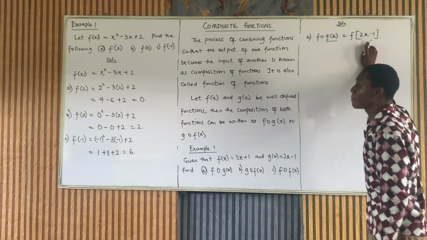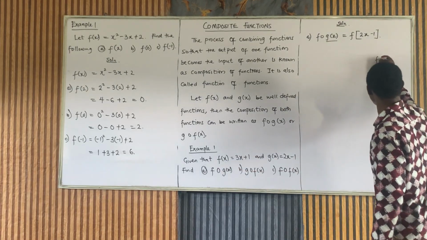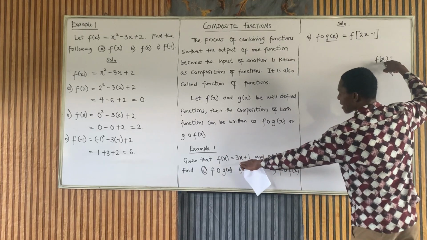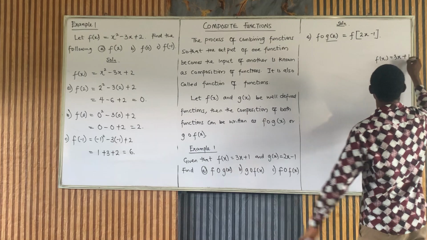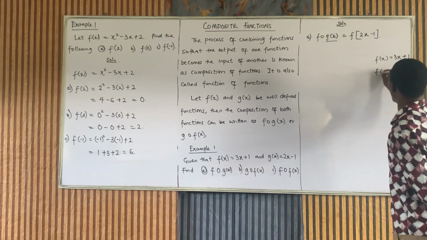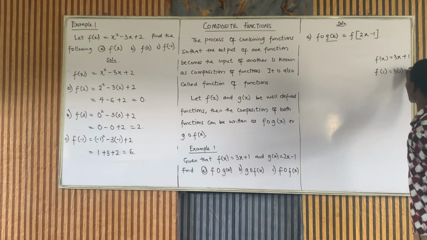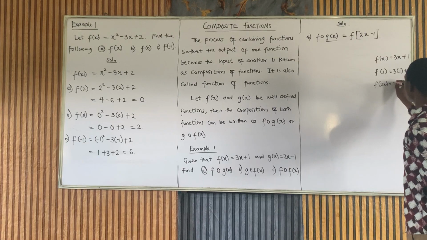Now f of this simply means that in place of x in this formula, when you say f of x, it simply means take what is here and multiply it by what? 3. That is 3 times x, then plus 1. If I said f of 1, it simply means take what is here, 3, multiply it by 1, and then add 1 to it. If I say f of 2x, for instance, it means take what is here, multiply it by 3. That is 3 times 2x, then plus 1.